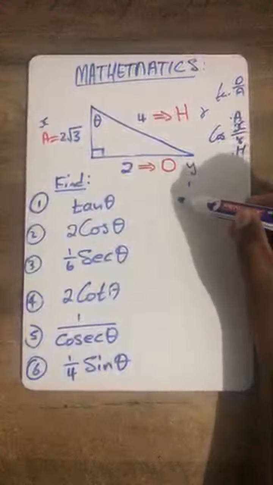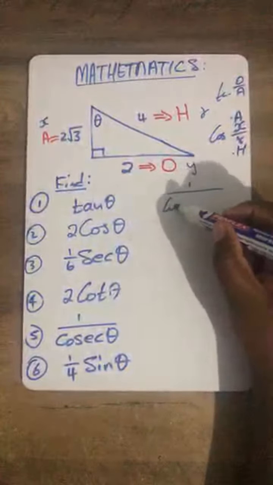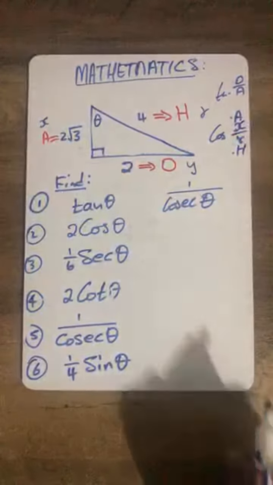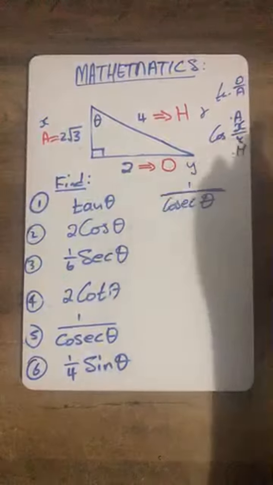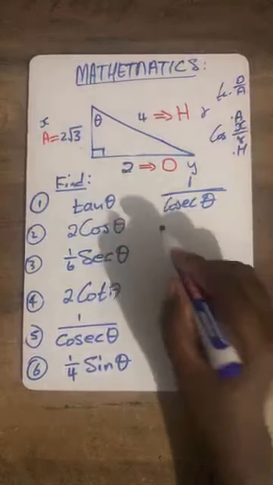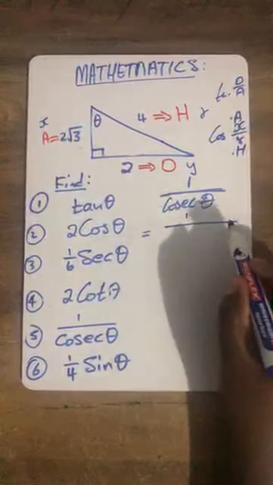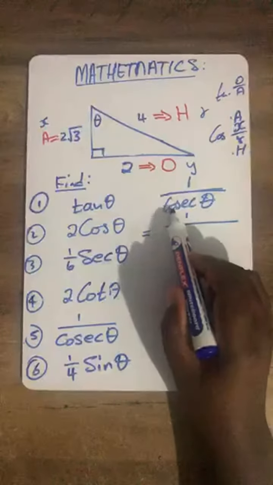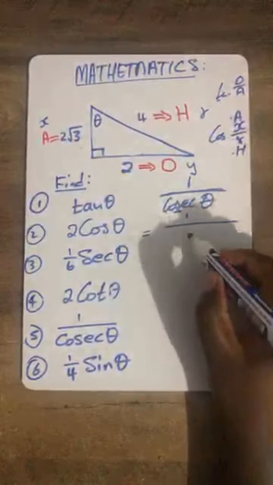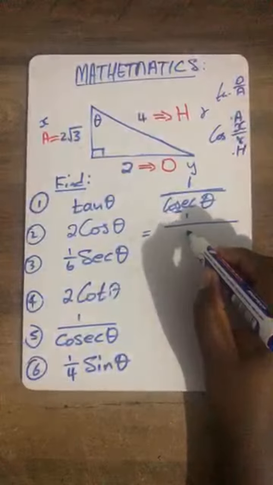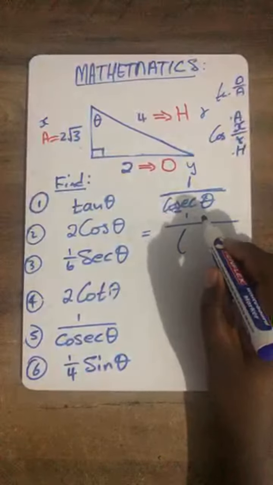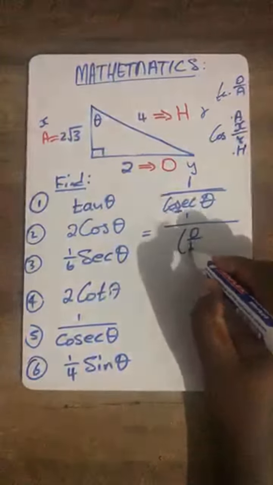So number 5, we have 1 over cosec that. Cosec is the cousin of sine. And what we know is that sine is opposite over hypotenuse.